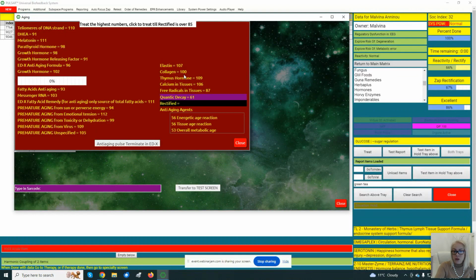So it could be due to the menopause and what have you there. Okay, so you can understand what's going on when you see these things. Thymus hormone, there we go with the thymus. Remember down here with the thymus? And the autoimmune, and the allergy that came up in the beginning. So, again, cortisol levels.